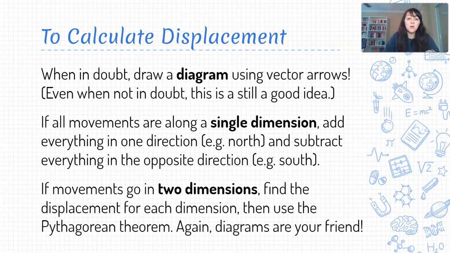Now, if it gets a little bit more complex and you've got 2 dimensions, so you've got north and east, or up and to the side or something like that, then what you'll need to do is break it into parts. You'll need to find the displacement for each of those dimensions, so your north-south displacement and then your east-west displacement separately, and then Pythagorean theorem that thing up.